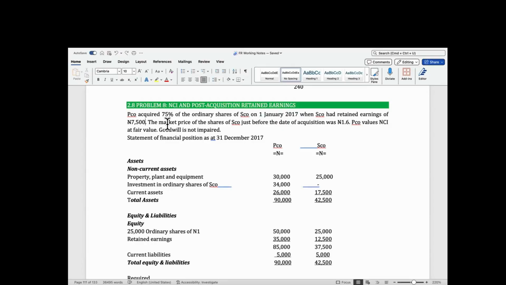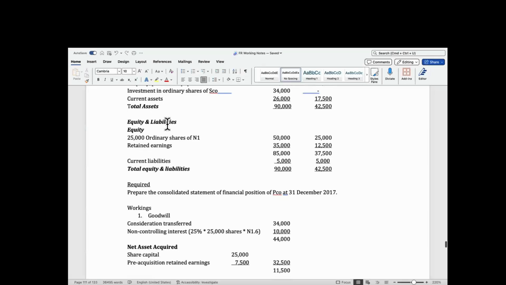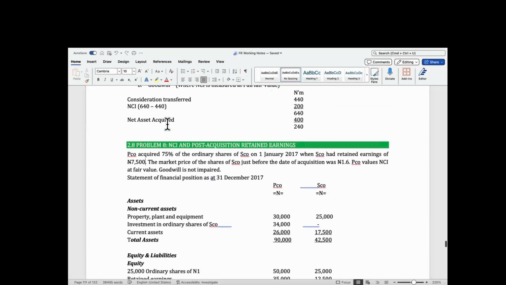Pico values NCI at fair value. Goodwill is not impaired. And I was given the statement of financial position as at 31st December 2017 for the two companies, for Pico and ESCO. And I'm asked to consolidate.